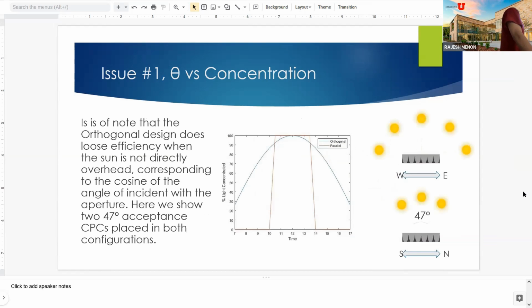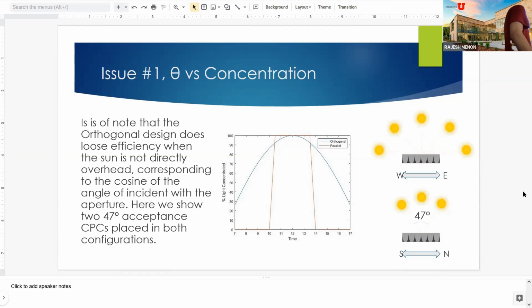Lovely. So this is comparing the two designs, the one that goes east to west and the one that goes north-south. This graph denotes the amount of light that would be input into each one over the day. For the east to west design, you can see that it provides constant light and then drops off the moment the sun gets out of its acceptance angle.